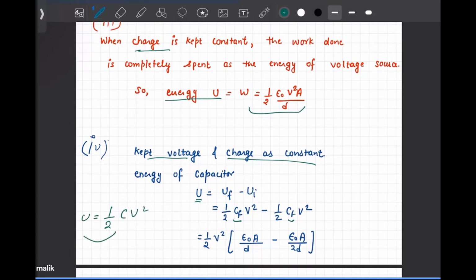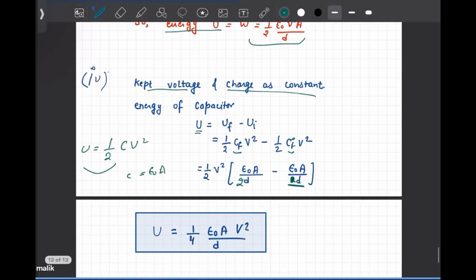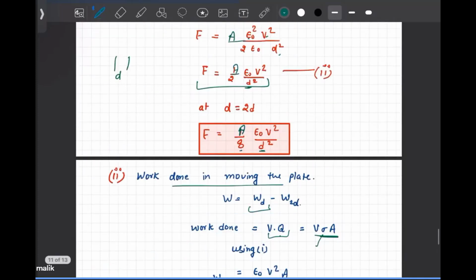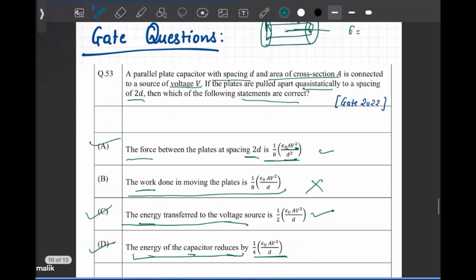In the final case, the distance becomes 2D, so the capacitance is epsilon naught A by 2D, and in the initial case the capacitance is epsilon naught A by D. If you take the magnitude of the change, it becomes 1 by 4 epsilon naught A by D V square. So the energy of the capacitance is reduced by this factor. So this is also correct. Basically, three options are correct in this question.